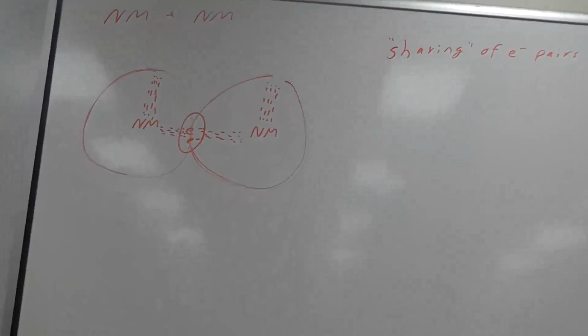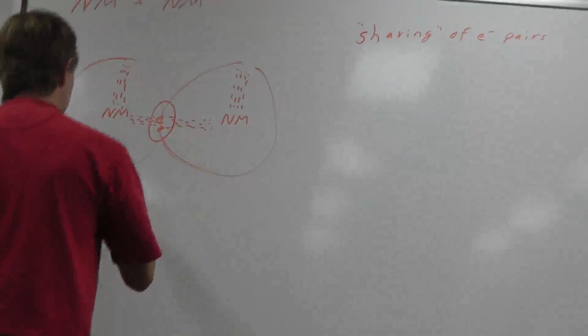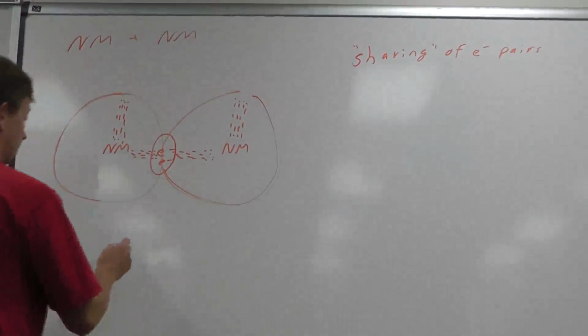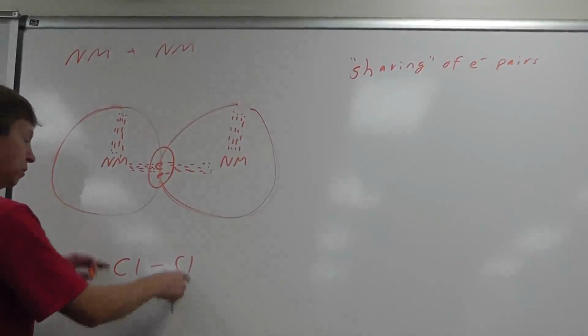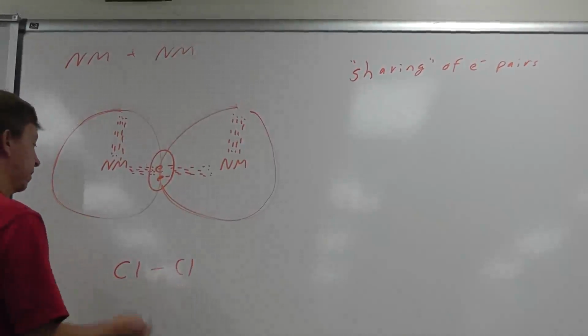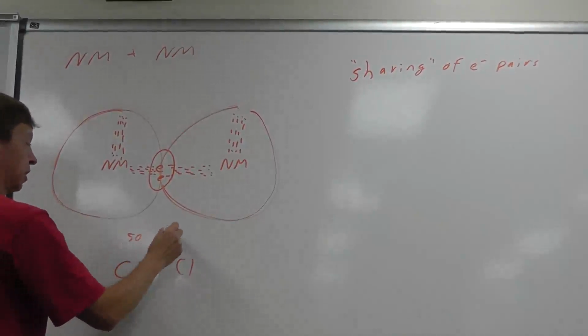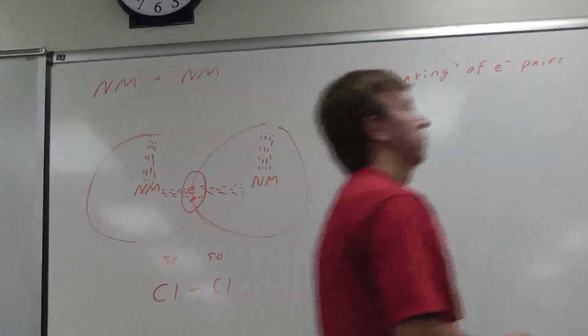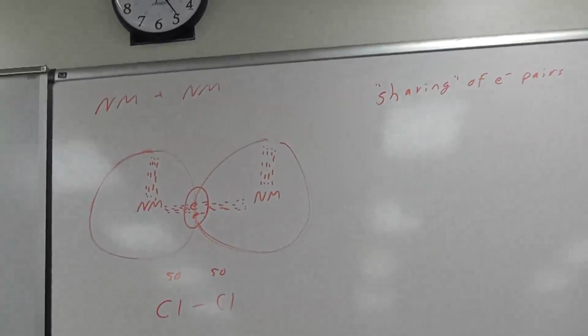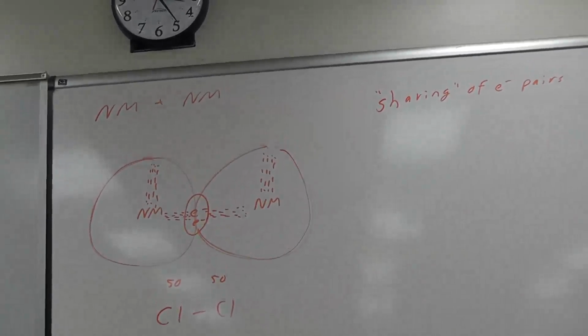If you're going to put numbers to it, let's say that if this were chlorine and chlorine, where the pull was exactly equal, then that would be perfectly 50-50 sharing. But when we're talking about over here with ionic, this is 0 and 100%.